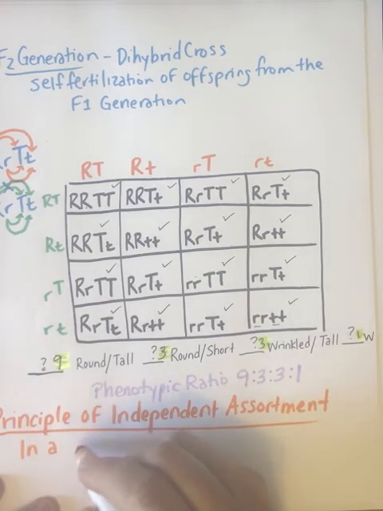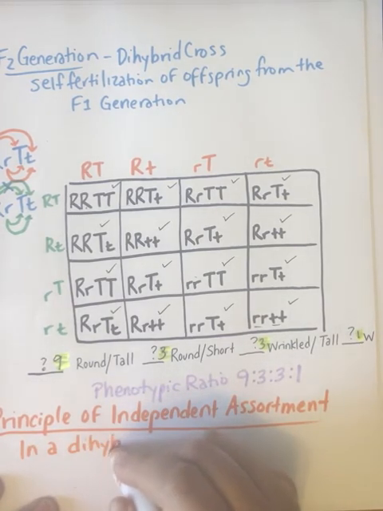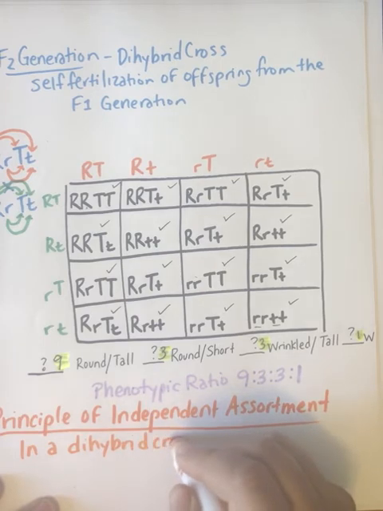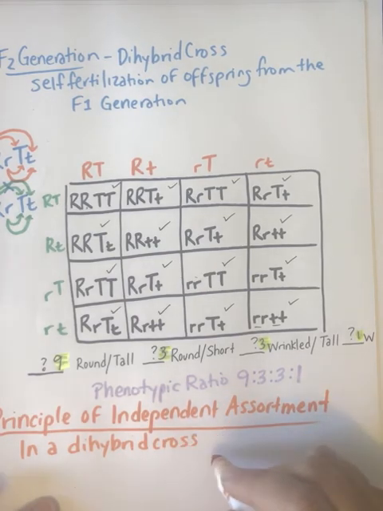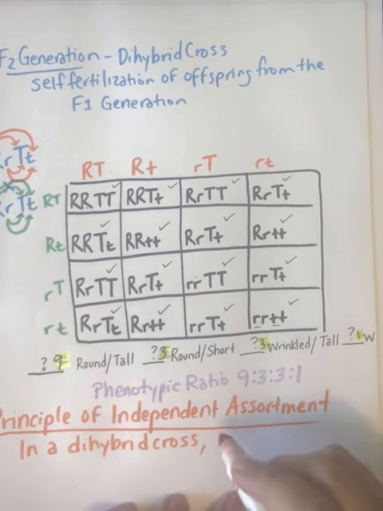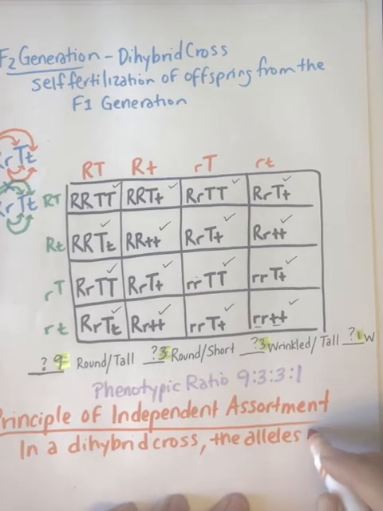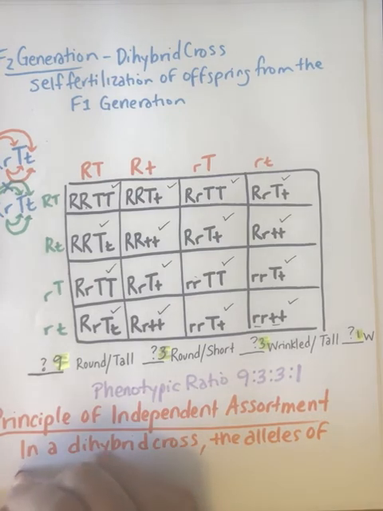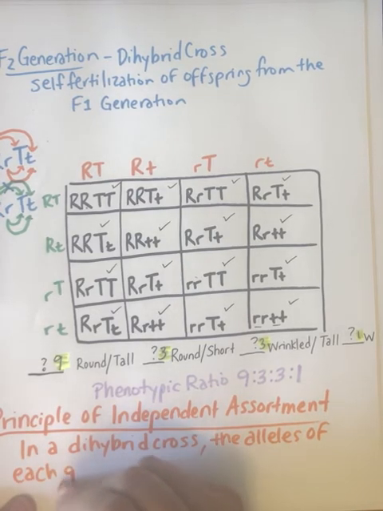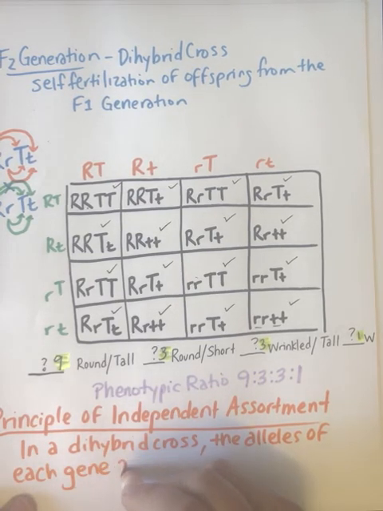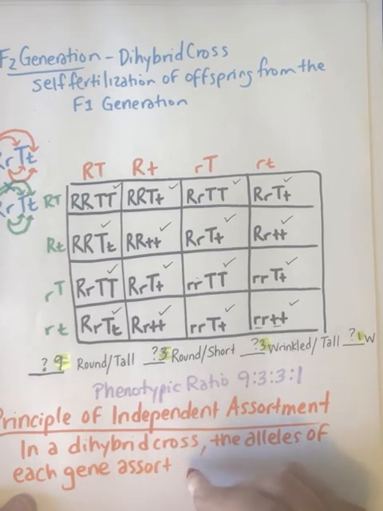In a dihybrid cross, the alleles of each gene assort independently.